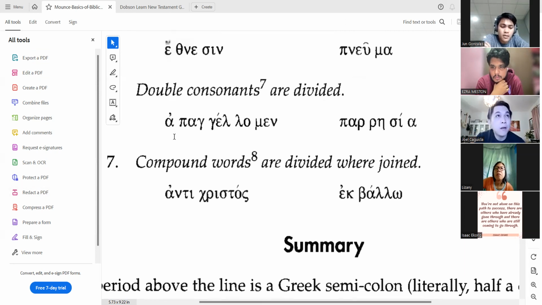Okay. So this is a double consonant. Remember the angel, angelos. Double G sounds as NG. So we read this as apangel, but you read this as apang. The double G sounds as NG. Apanggel.